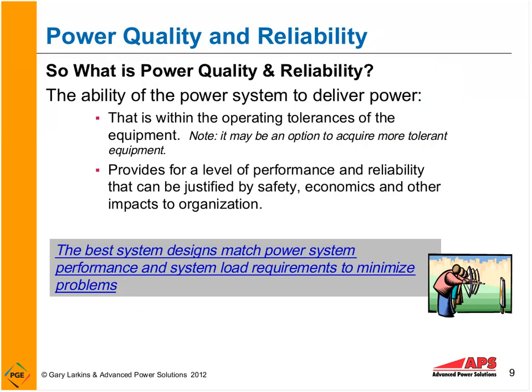So what is power quality and reliability? Well, it's really the ability of the power system to deliver power that's within the operating tolerances of the equipment. Now, this doesn't mean it's all about the power delivery system. In many cases, it's the tolerance of the equipment that you install on the electrical power system.